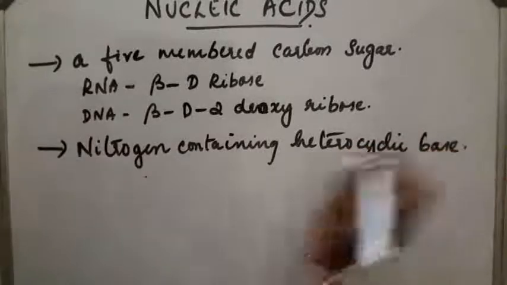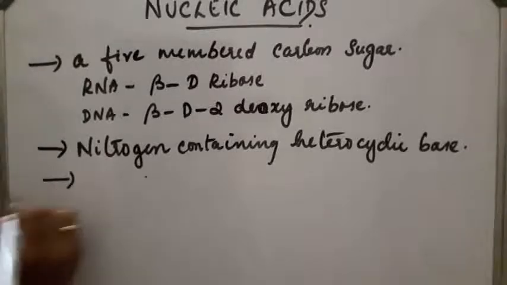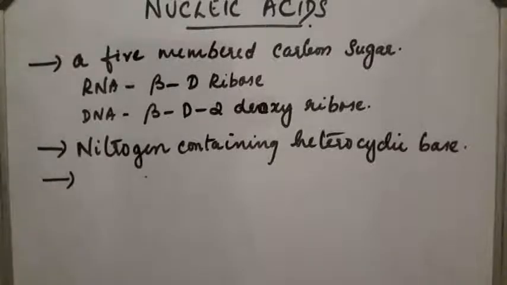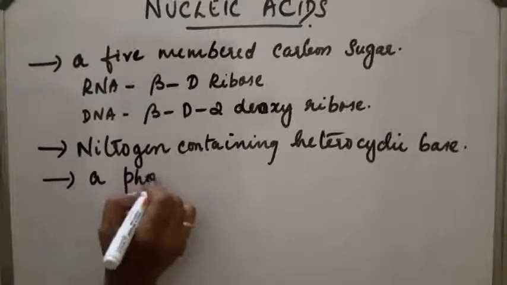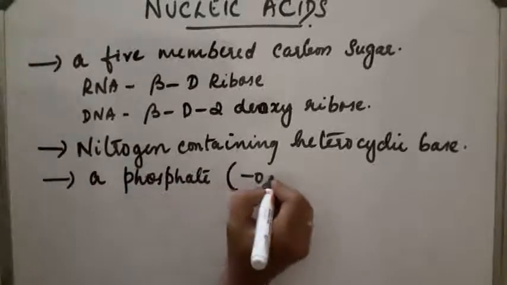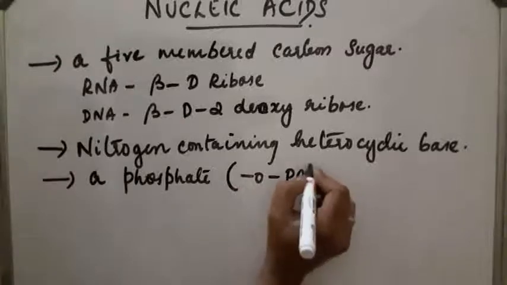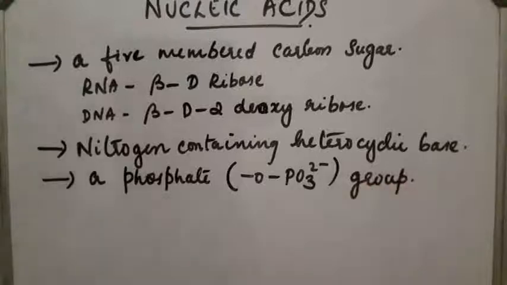The third part of the nucleic acid is a phosphate group, PO3 2 minus. These are the three important parts of nucleic acid. Let us discuss one by one.